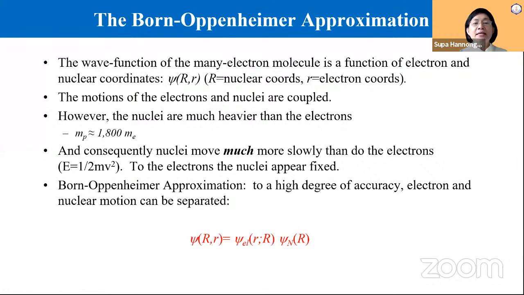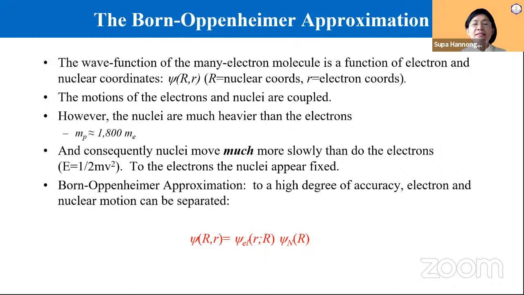That means the nuclei move slower than the electron. You can imagine the kinetic energy of the electron from the equation 1/2 mv squared, for example.